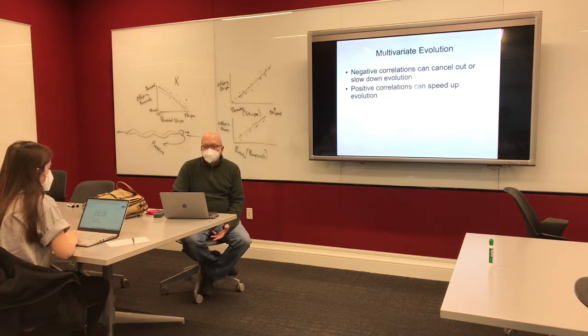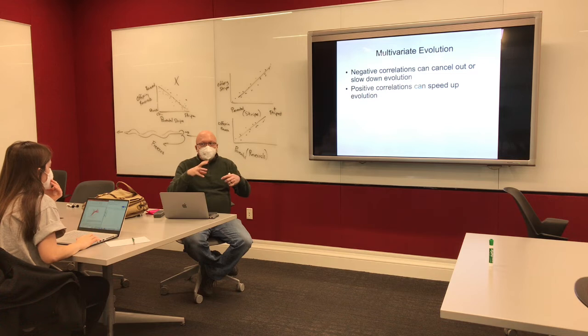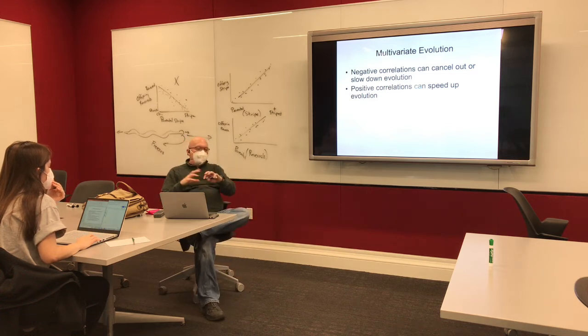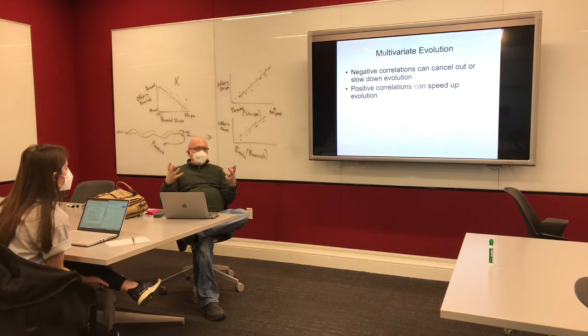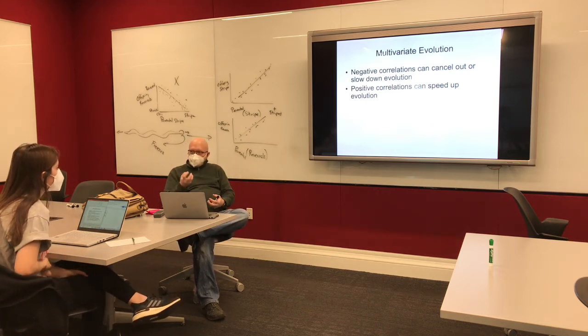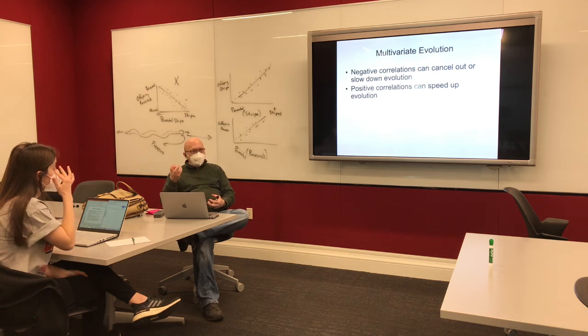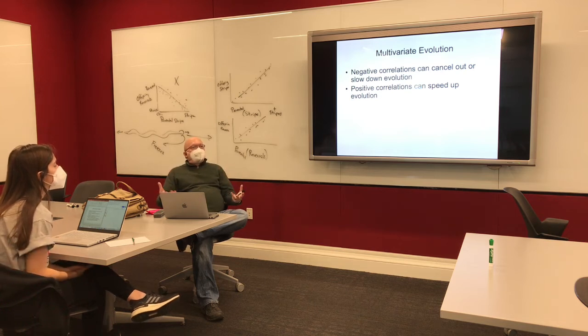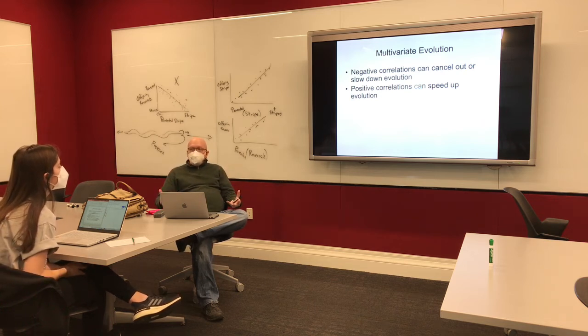And so when you think about an organism out there in the world doing its thing, you have to think of it not as a bunch of atomized little traits that you can look at in isolation from one another. You have to think of it as a whole integrated organism. As a result, you might have multiple traits that are all evolving in concert with one another.